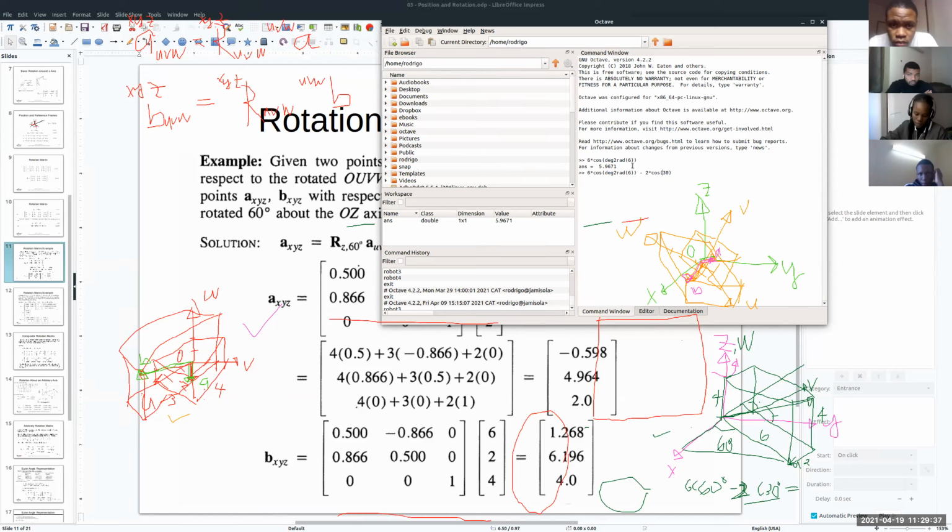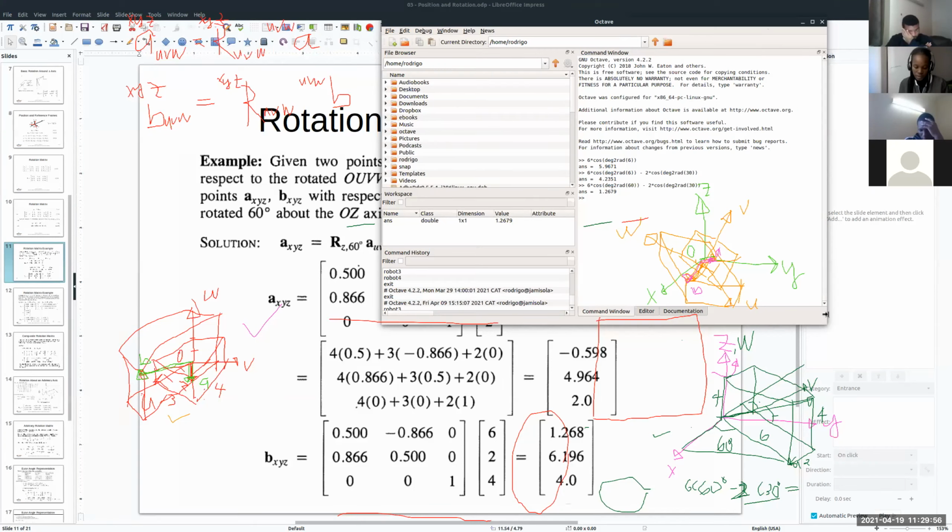And 30 is degrees to radians. Okay, 4. It's not correct. You said it's correct. This is 16, not 6. 1.26, yeah, it's correct. So that is that one.